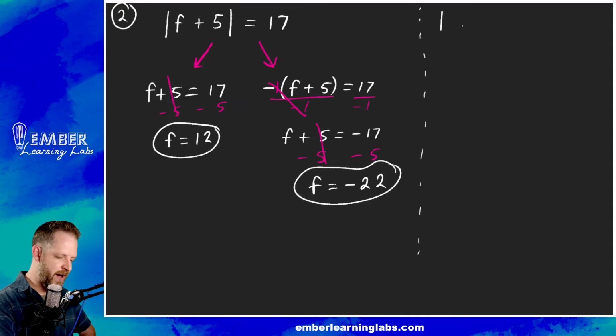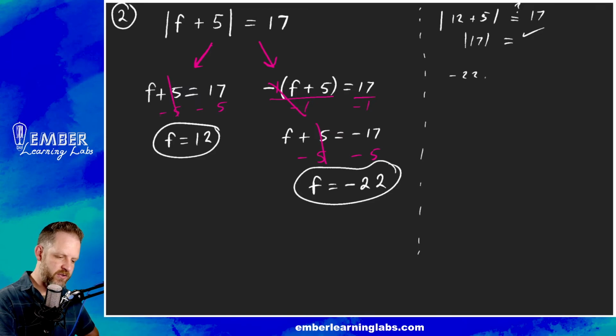So the absolute value of 12 plus 5, does that equal 17? Well, 12 plus 5 is 17. The absolute value of 17 is, in fact, 17. Yay, it works. And then the other one, we plug in a negative 22 plus 5.